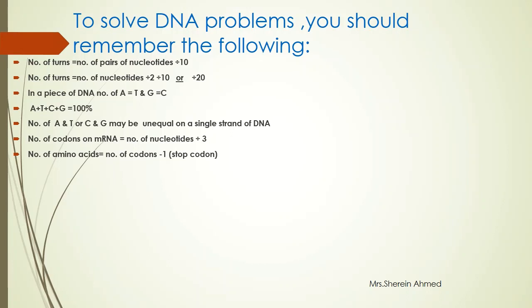The number of amino acids equals the number of codons minus 1. This one codon is found at the terminal part of the messenger RNA, which represents the stop codon. It doesn't code for any amino acid, so it is not counted.